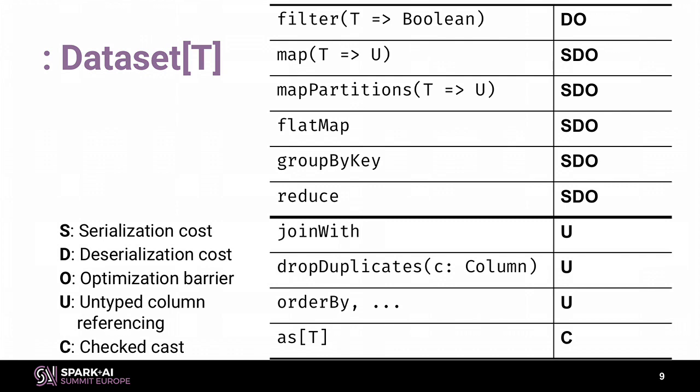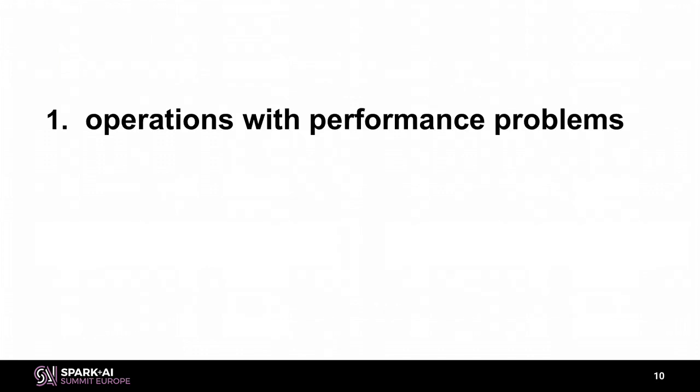But some of them have other problems. You can see that they have untyped column referencing, which means that they are not type safe. You can still have an error in the column name. You can still face an analysis error. So basically, there are two problems with the DataSet API.